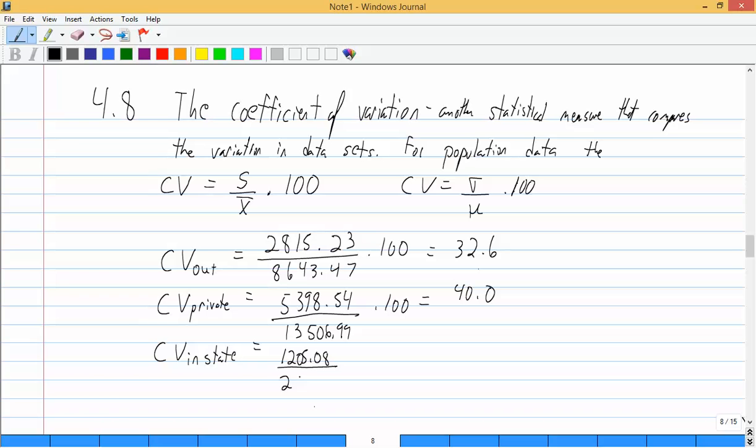We divide that by 2891.95 times 100, we should get 41.7.